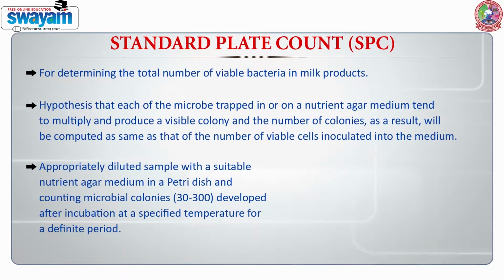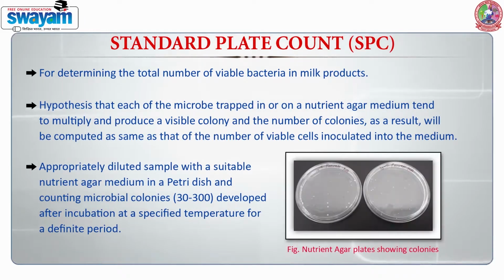It consists of mixing the appropriately diluted samples with a suitable nutrient agar medium in a petri dish and counting microbial colonies ranging from 30 to 300 developed after incubation at a specified temperature for a definite period.